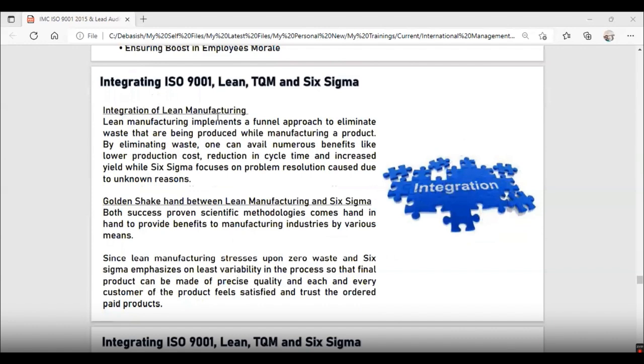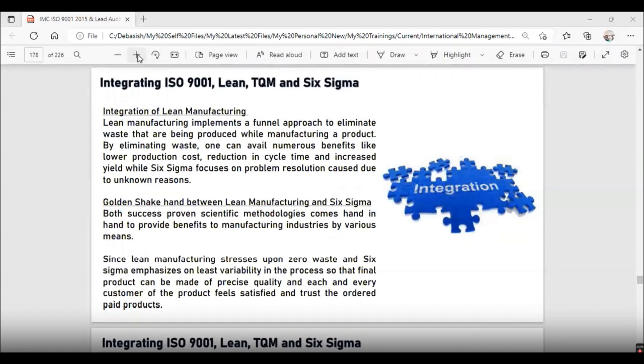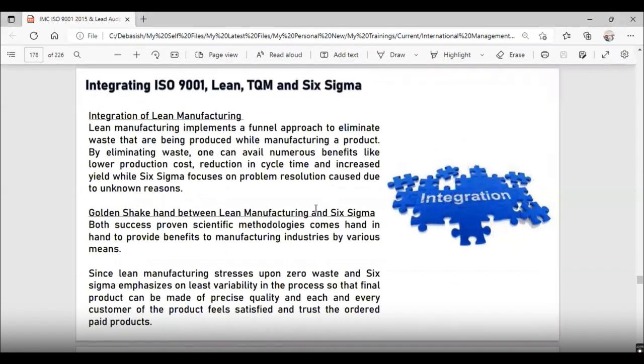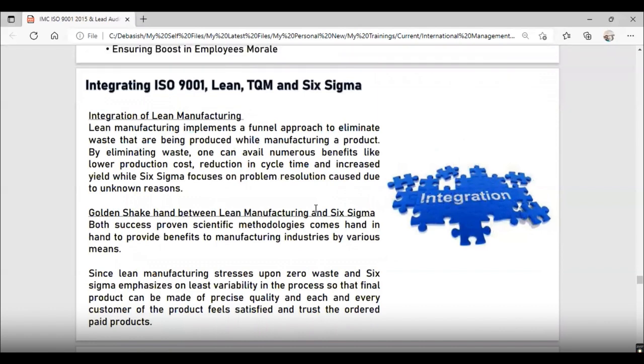We will now try to understand the integration of lean manufacturing with Six Sigma. Lean manufacturing implements a step-by-step approach to eliminate waste produced while manufacturing a product, which we have already understood.